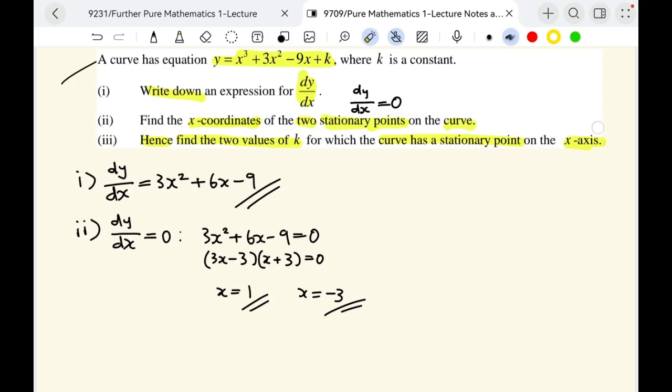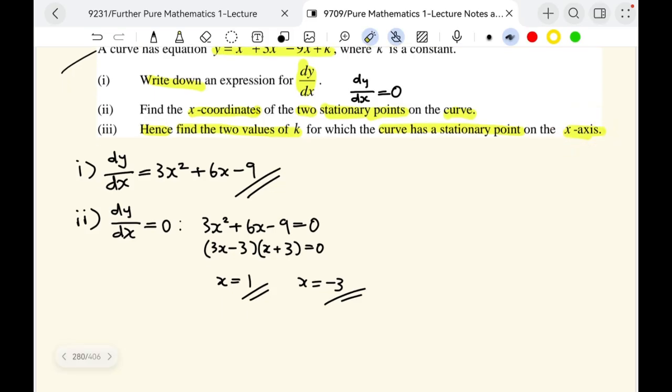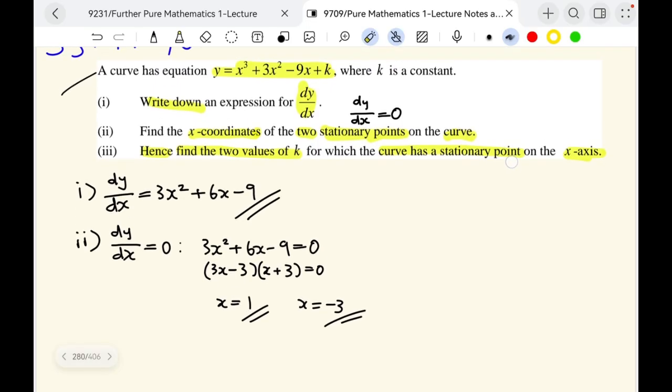But it says here on the x-axis. Okay? So at this point, you may assume their y coordinates are both 0. Okay?